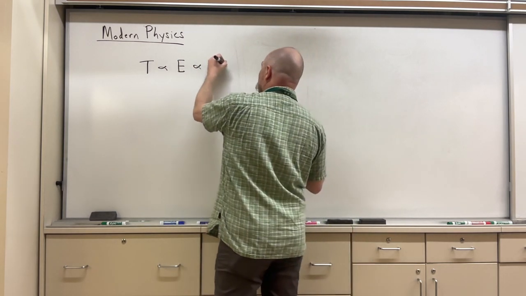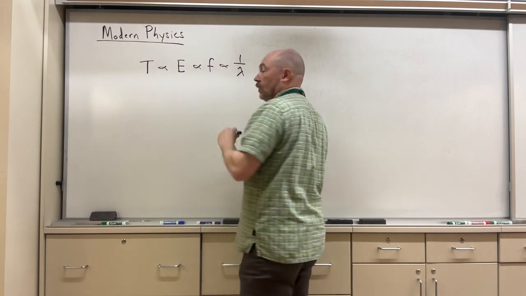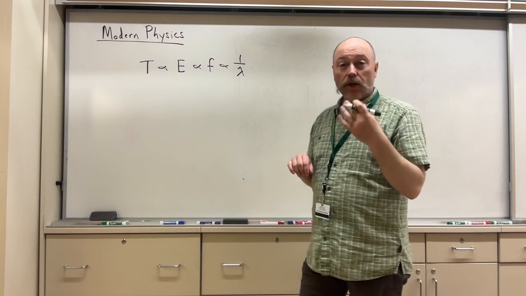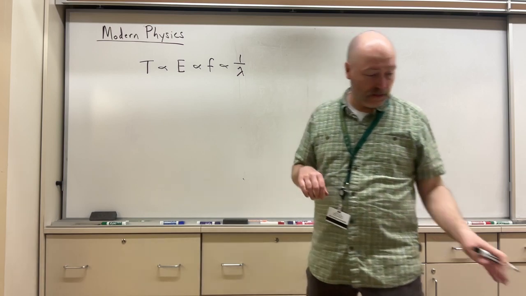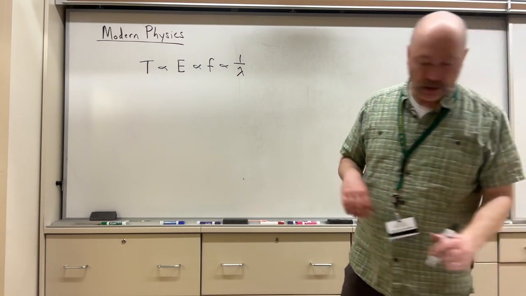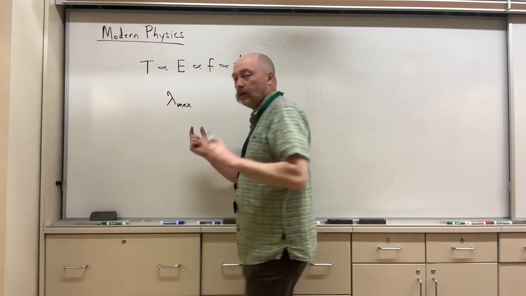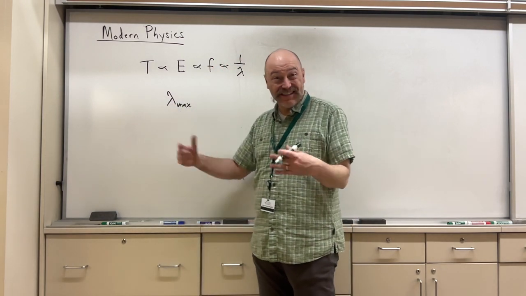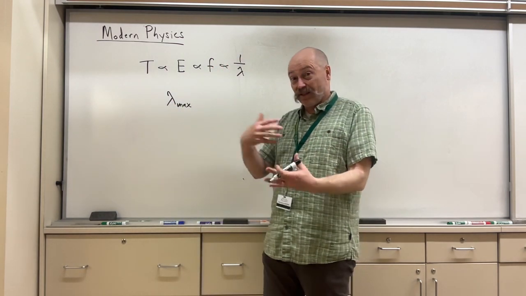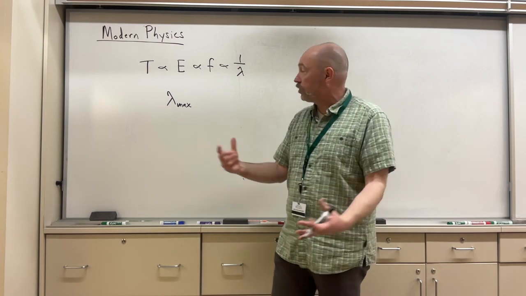So that if you were trying to find which relates to 1 over the wavelength of our light, that gives us this equation. The max wavelength is not the highest wavelength; when they say max, it's the one that is given off most.